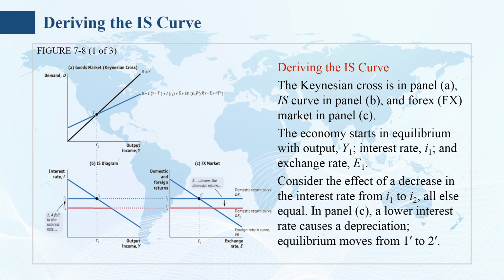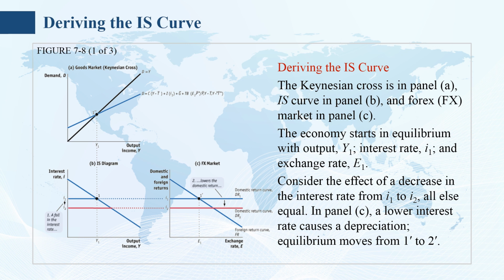Hence, these figures are arranged one above the other so that this common output axis lines up. The foreign exchange market in Panel C and the IS diagram in Panel B share a common vertical axis, the level of the domestic interest rate. Hence, these figures are arranged side by side so that this common interest rate axis lines up.